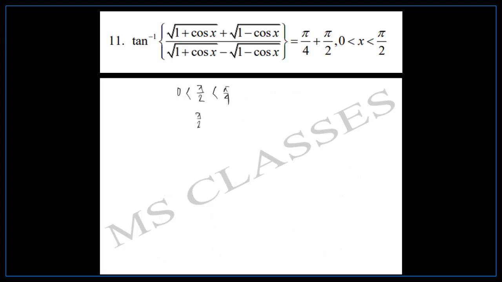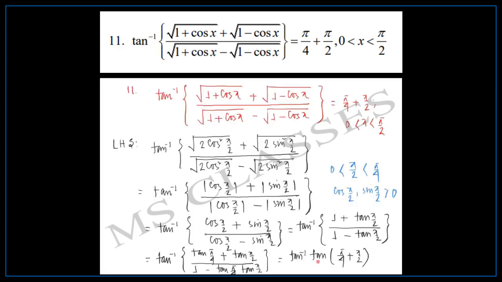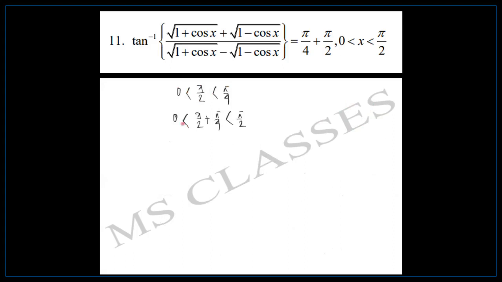So x by 2 plus pi by 4 will be greater than pi by 4 and less than pi by 2.